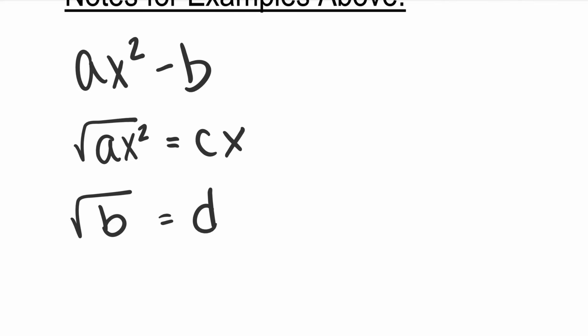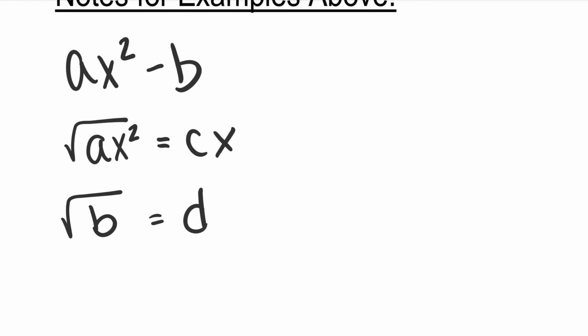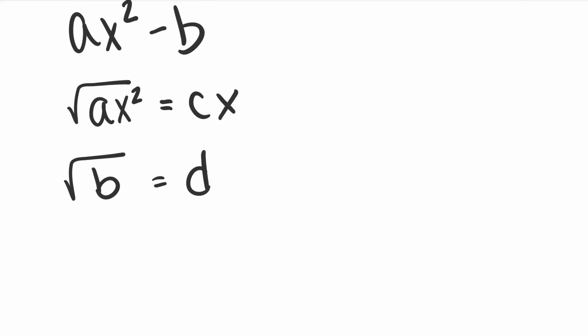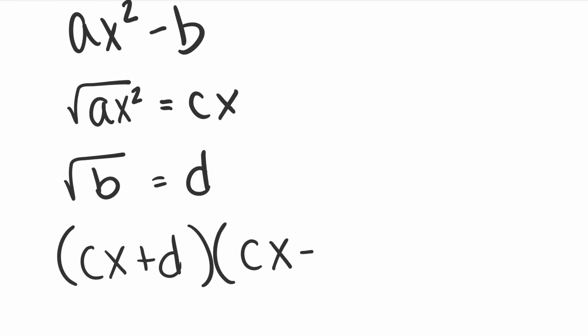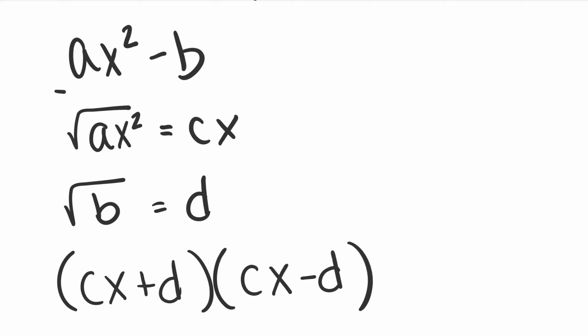So square root of a is some number, square root of b is some number. Then my answer that I would write, or how I would factor it out further, I would write cx plus d, cx minus d. Okay? So I can factor this as long as I take the square root of both terms, the a and the b.